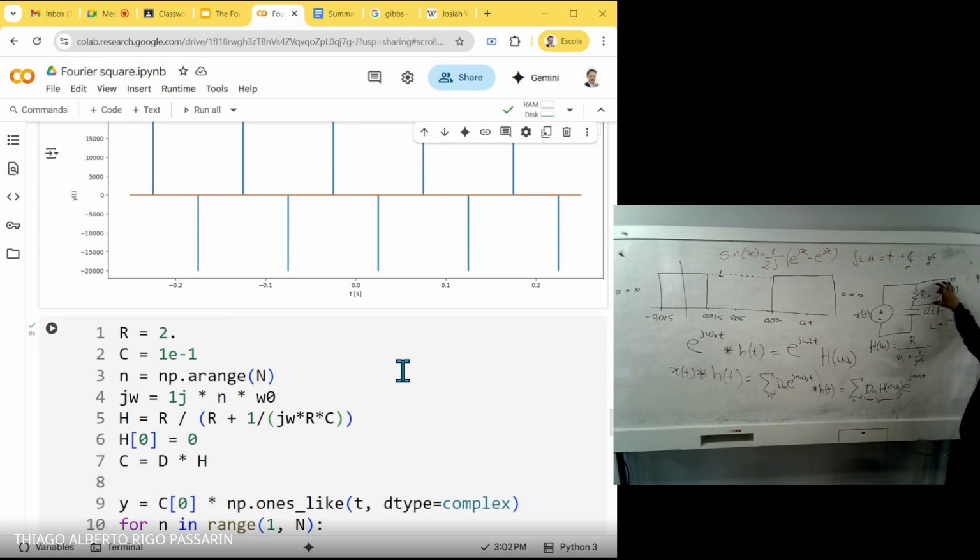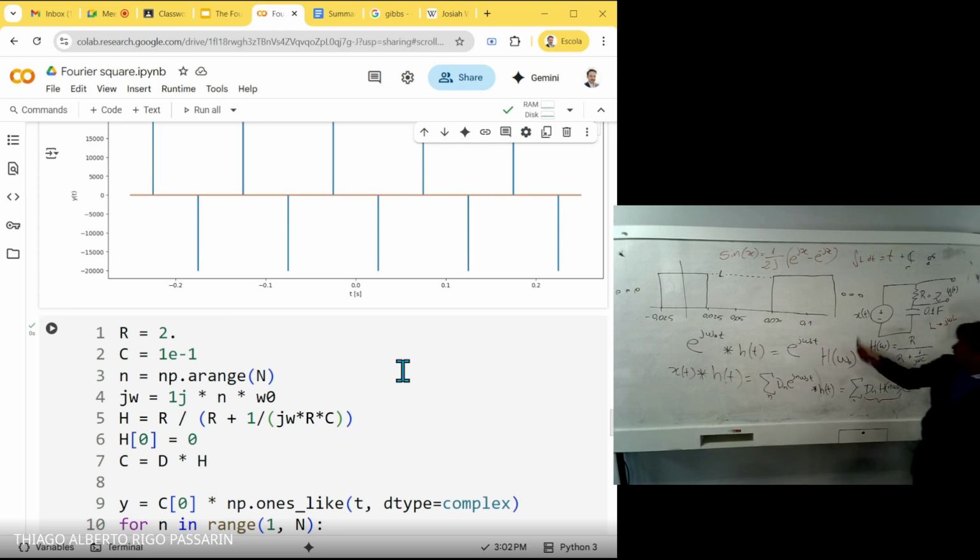You take where the output is measured and put it here, and you put the sum of everything else here. And this is the impedance of resistors, this is the impedance of capacitors, this is the impedance of inductors.